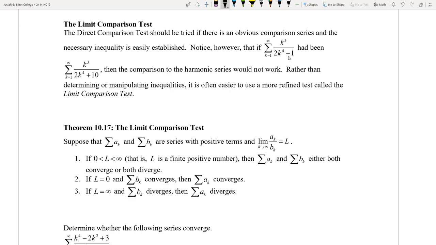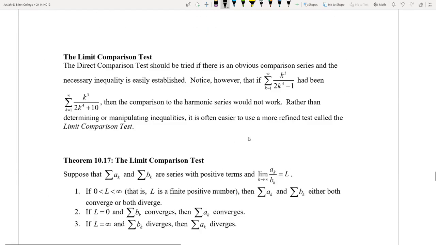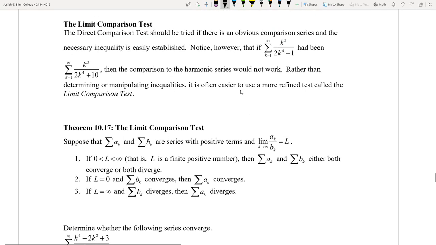In this case, the denominator is smaller, so this is bigger than the harmonic series because we have a subtraction. Now we have an addition. That's tough. The comparison doesn't work anymore, and that's when we have to get this kind of squirrely multiplying things. And we don't want to do that if we can avoid it. So rather than manipulating the inequalities, we're going to use the limit comparison test.